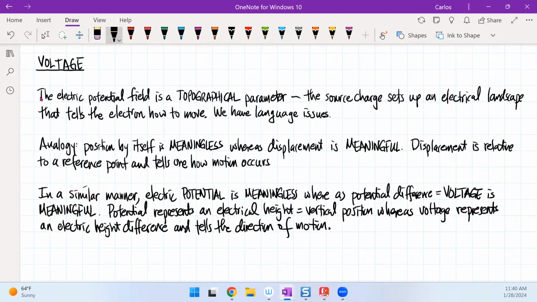As you already know, calling the parameter potential is a hideous misnomer because most students immediately think of potential energy. They are not the same thing.